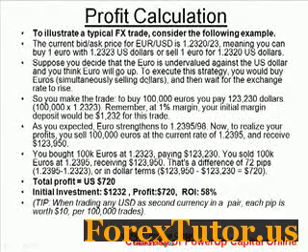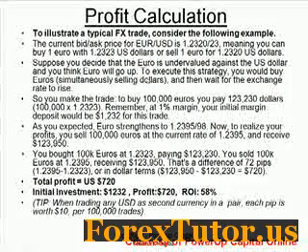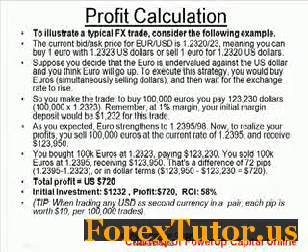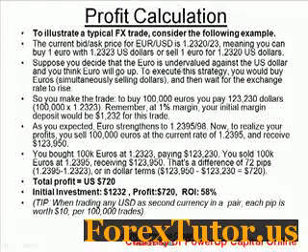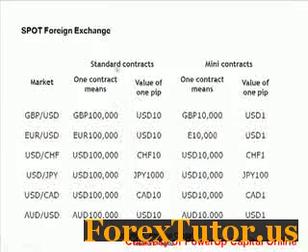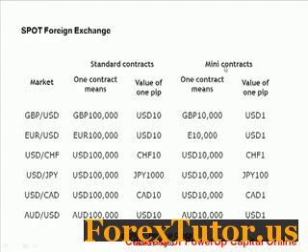So let's say you decide to go and buy euro because you think it's undervalued. It depends whether you're doing a standard contract or a mini contract. If you do a standard contract, the minimum size is 100,000 euro. If you do a mini contract, the size is 10,000 euro, which is 1/10 of the standard.